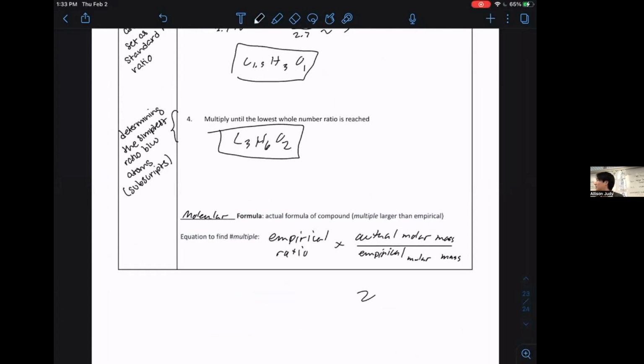The empirical ratio is just these numbers. It's the simplest whole ratio between the atoms involved in a compound. It gives you the right combination of one atom to another, but it doesn't necessarily give you the actual formula.